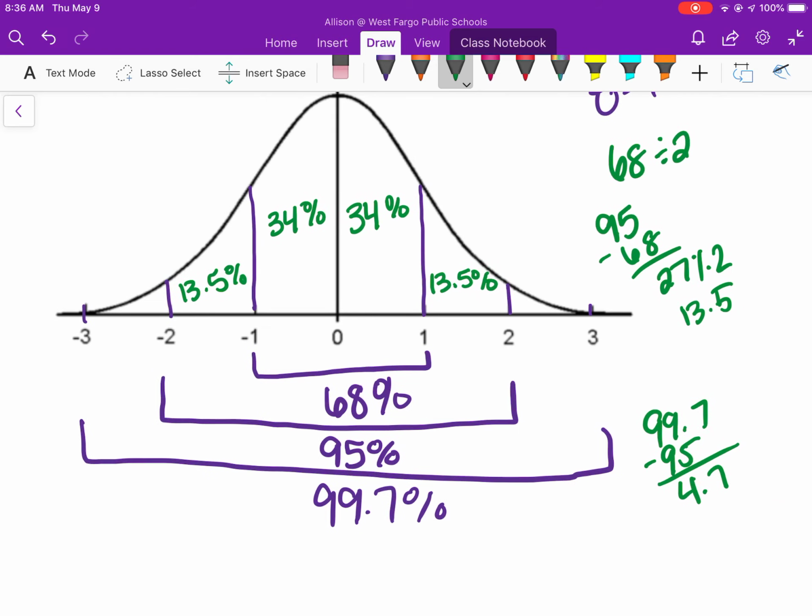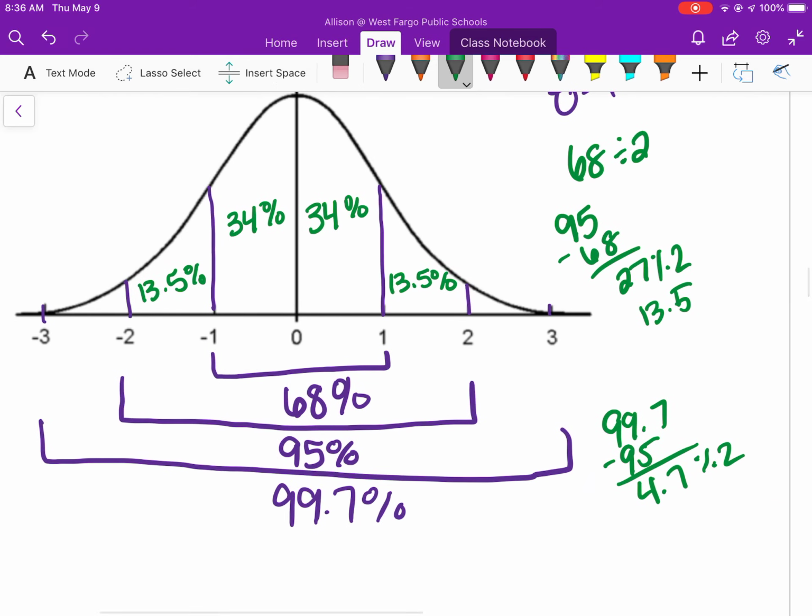And then I can take that 4.7 and divide it by 2, and that equals the 2.35. So that's how I get the inside here, 2.35%. And then to the left as well, inside this small piece here is 2.35%.